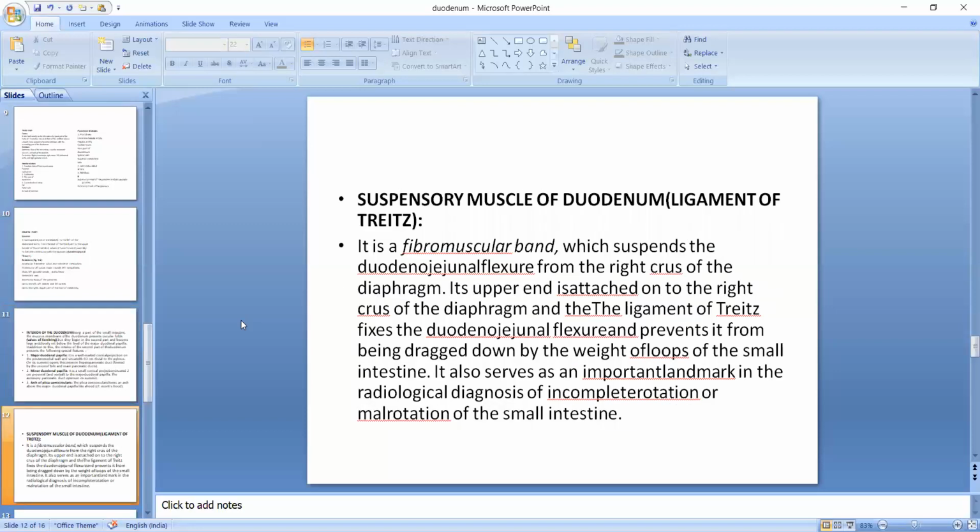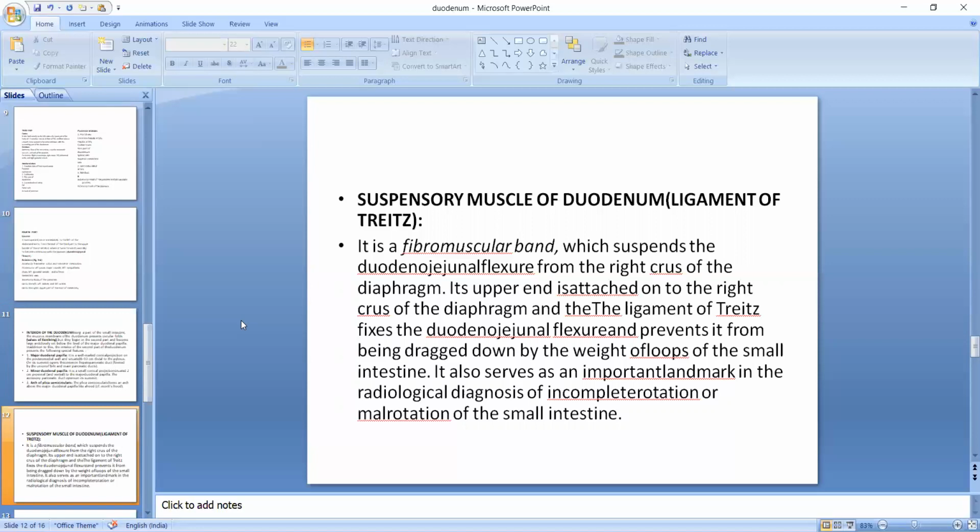Now we will discuss the suspensory muscle of the duodenum, which we call the ligament of Treitz. It is a fibromuscular band which suspends the duodenojejunal flexure from the right crus of the diaphragm. Its upper end is attached to the right crus of the diaphragm, and the ligament of Treitz fixes the duodenojejunal flexure and prevents it from being dragged down by the weight of the loop of the small intestine.